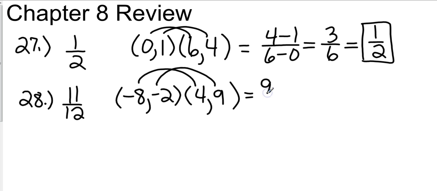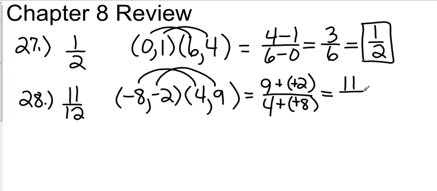So we have 9 minus a -2, and then we have 4 minus a -8. Remember, minus a minus changes all these to plus. So that gives me 9 plus 2, which is 11, over 8 plus 4, which is 12. Okay, so 11/12 on that one.